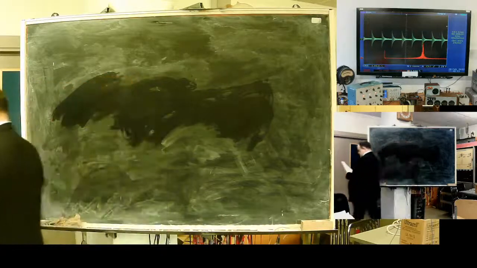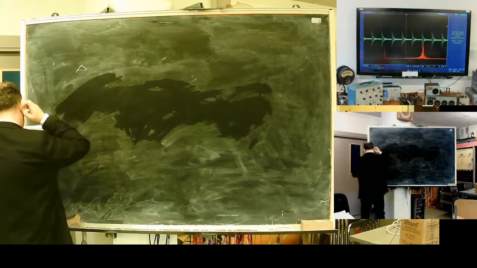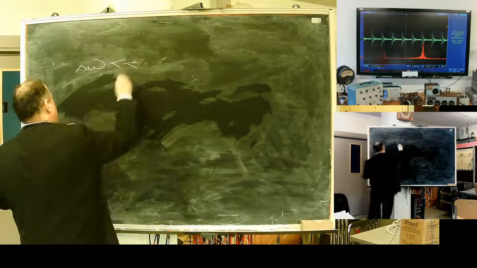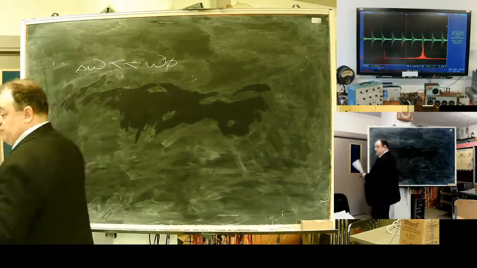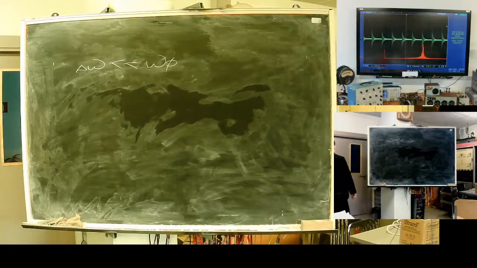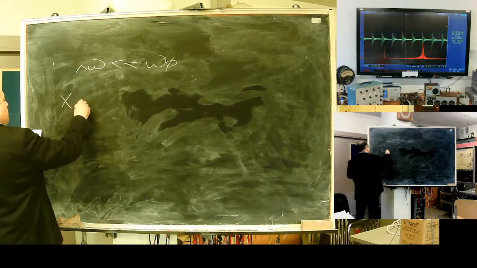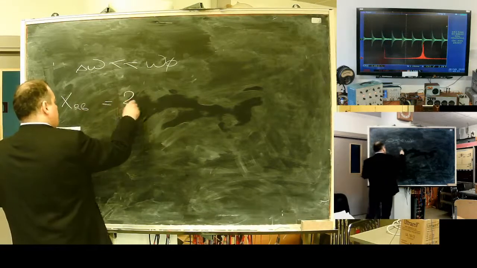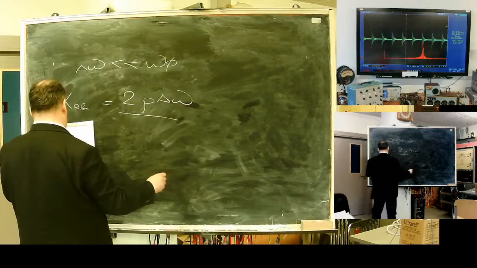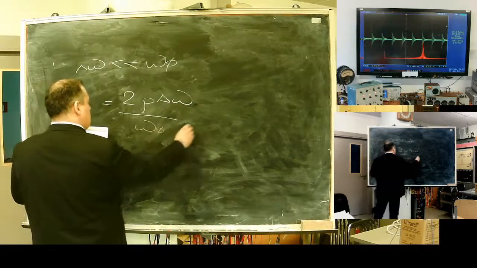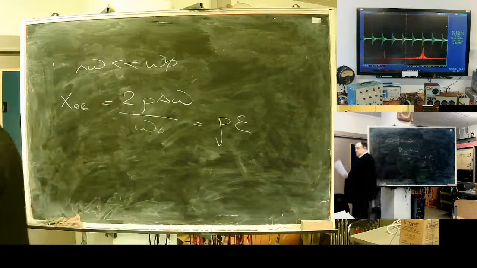For the small frequency shifts, when frequency difference is much smaller than the resonant frequency, input reactance, in our case AB, can be written as double characteristic delta omega over omega 0, for small deviation.